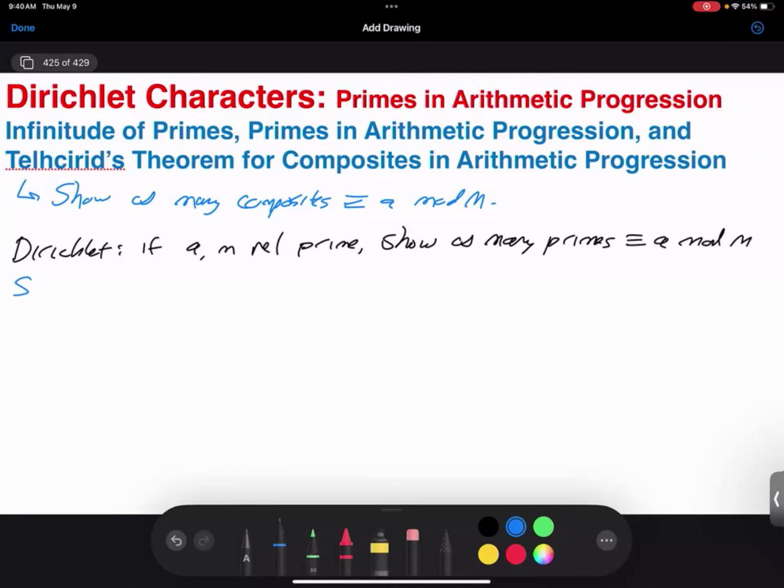And here's going to be a sketch of the proof. And let's assume m is prime. Okay, so I'm going to sketch the proof as to what goes on.